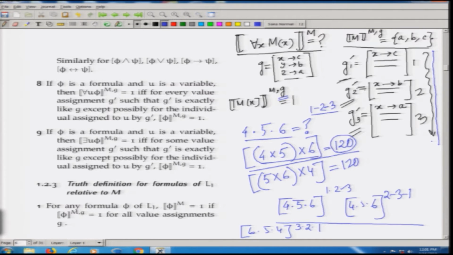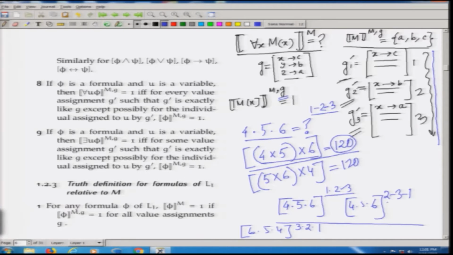So this is something like for all G. We have considered one G, but for all G it must be the same thing, like here: 1 2 3 gives you 120, 2 3 1 gives you 120, 3 2 1 gives you 120, or 3 1 2 gives you 120. Whichever direction you take, you get one result, 120.